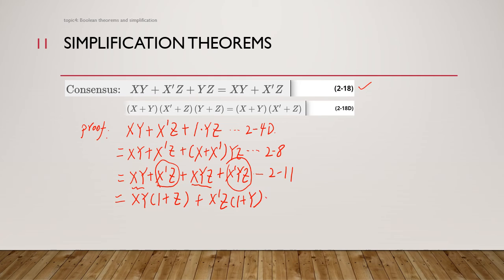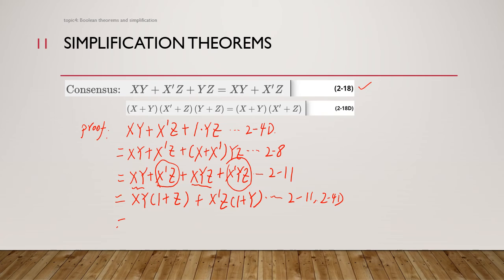Again, this is using the distributive theorem, so 2-11. Basically, we also apply the 2-4D here, because we write x and y to x and y and 1, x prime z to x prime z and 1.